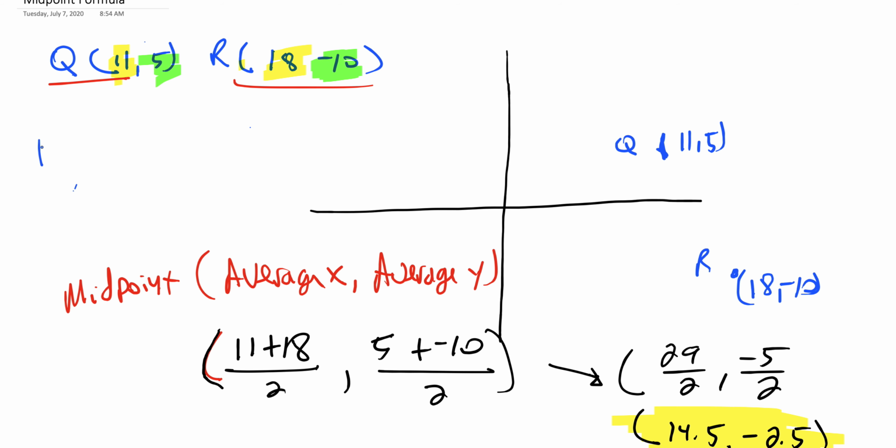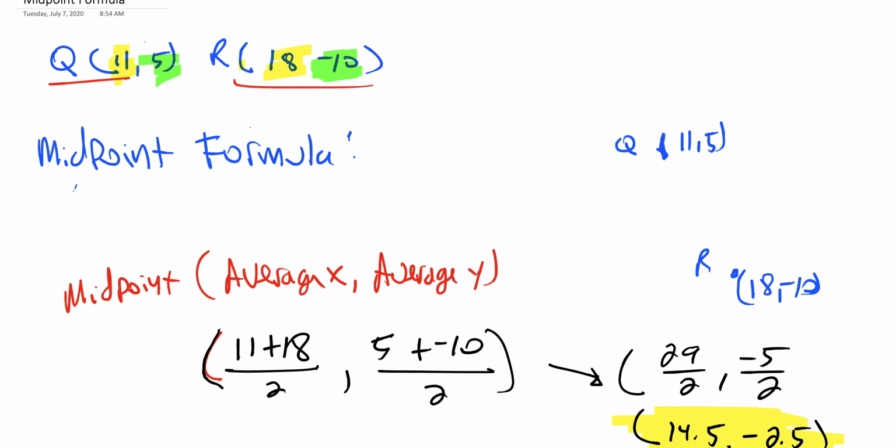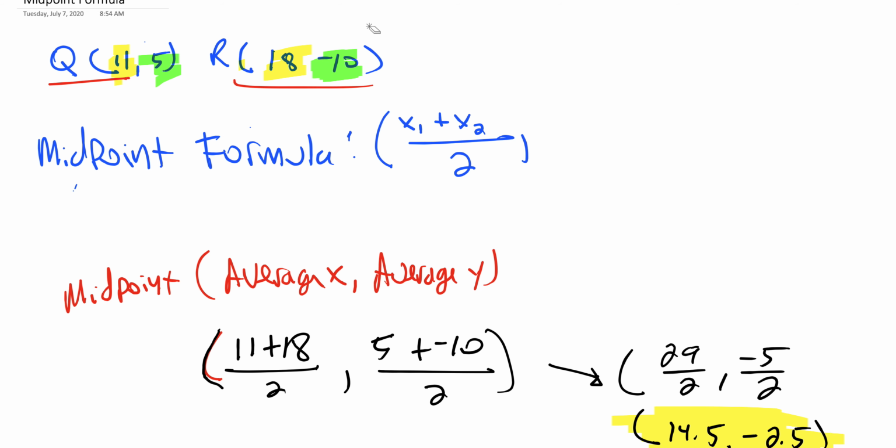Midpoint formula is x1 plus x2 over 2, comma what? y1 plus y2 over 2.